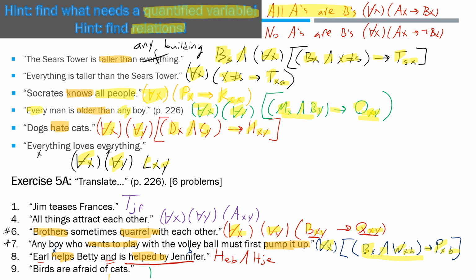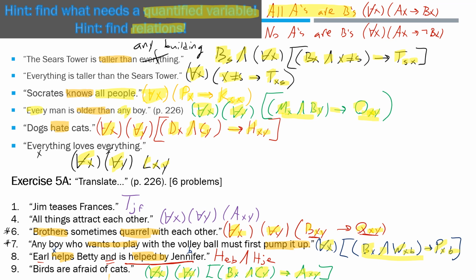So for all x, for all y, if x is a bird and y is a cat, then x is afraid of y. So for all x, for all y, if x is a bird and y is a cat, then x is afraid of y.